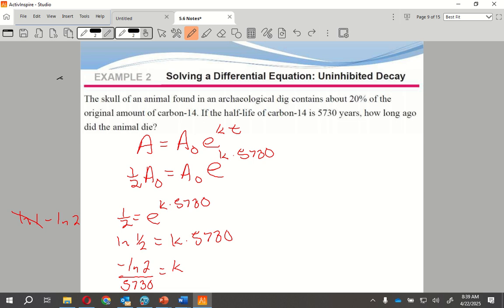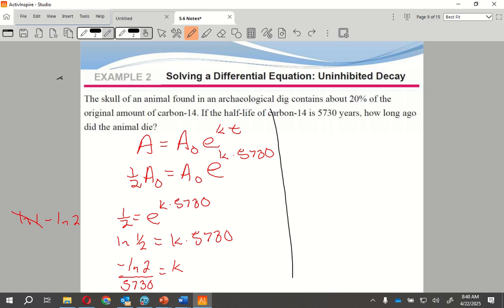Alright, so now we know the k. Now let's plug in my conditions, since I'm trying to solve for the time. We know that we have how much left? 20% of what? The original amount, which is my a sub naught. So 20% of that.